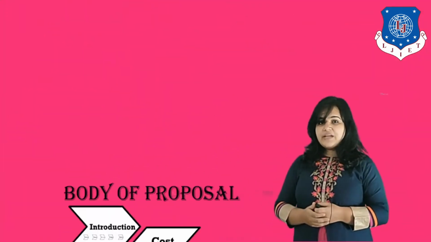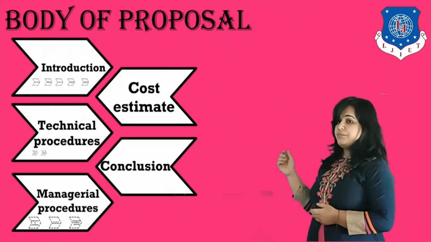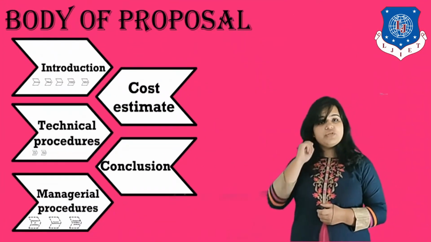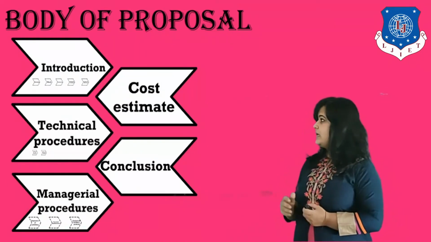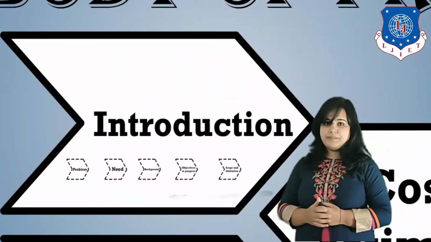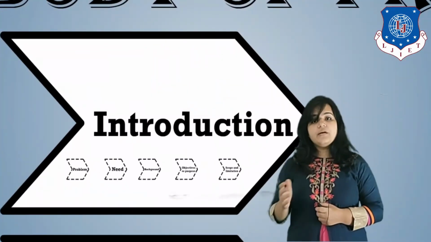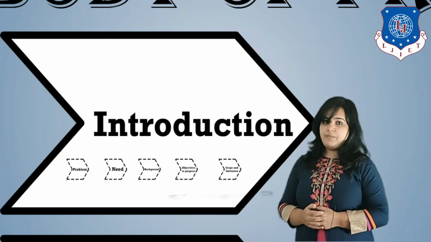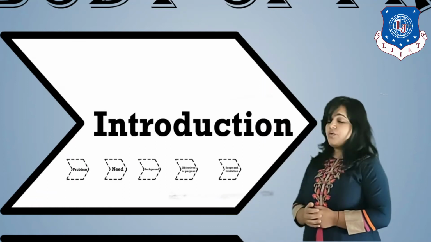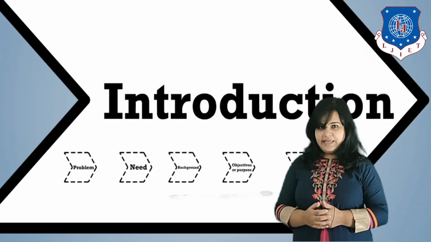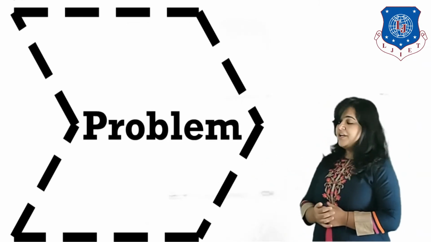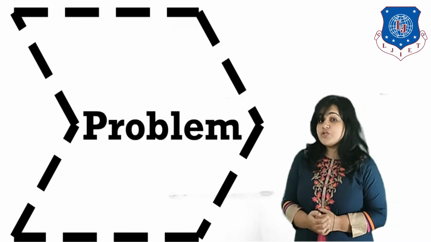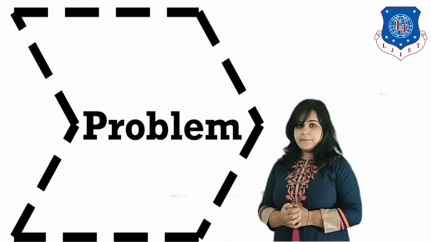Moving onwards to the next part, which is the body of the proposal. The body of the proposal is divided into 5 different parts. The first one of them is the introduction. Okay, here we have the introduction to our proposal, which consists of different things like the problem. You will first identify the problem for which this particular proposal is there.